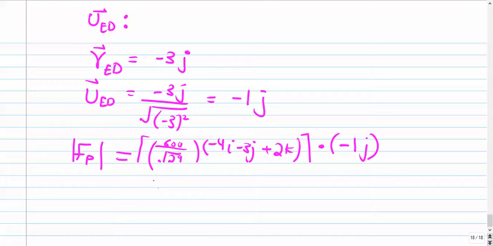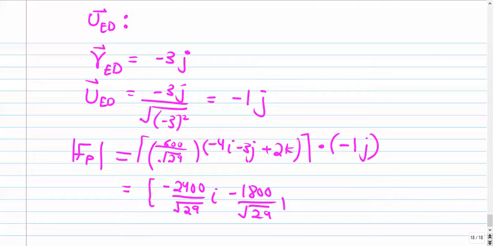And once we multiply the respective x, y, and z components, actually let me simplify this into one more step so that it becomes easier for everyone to understand. We have 2400 over root 29 i, negative 1800 over root 29 j plus 1200 over root 29 k. And this is the dot product with negative 1j. This is the first step.